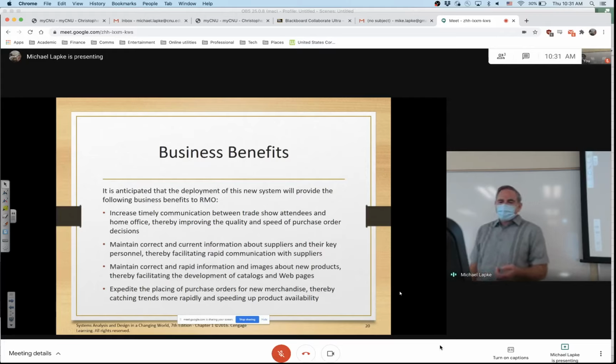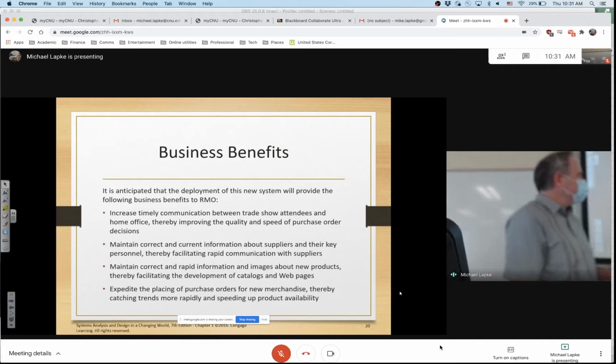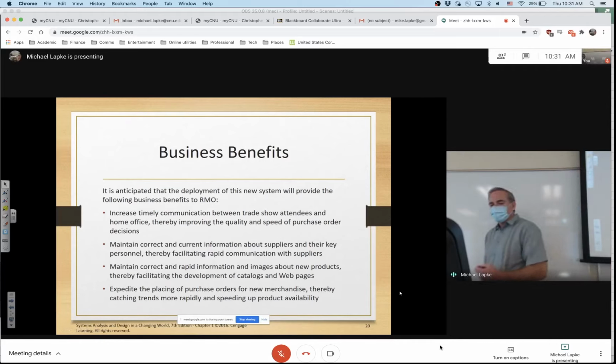Maintain correct and current information about suppliers and their key personnel, thereby facilitating rapid communication with suppliers. Again, I'm making a case. Maintain correct and rapid information and images about new products, thereby facilitating development of catalogs and web pages. I'm making the case. Catching trends more rapidly and speeding up product availability. So this is all making the case. You're right, you could probably use some of this in the analysis, or at least as a starting point to be more familiar with it, to ask more questions.